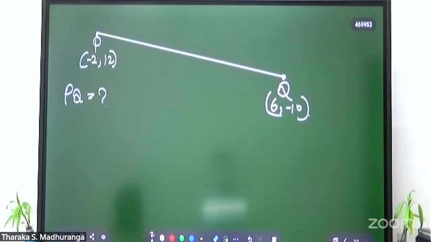Yeah, what are the values? What is the length?